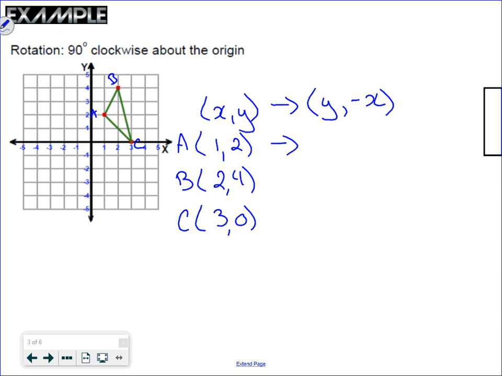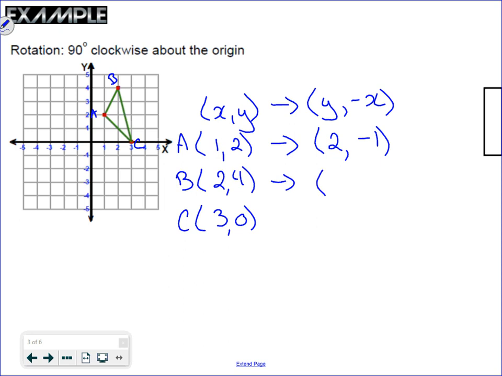So what to do here is the first point of our new coordinates is the y value from the original one. So point A was 1, 2. The y value was 2, so that's going to go at the beginning. Our original x value was 1, and we're going to switch the sign, and that will be our new point, 2, negative 1.